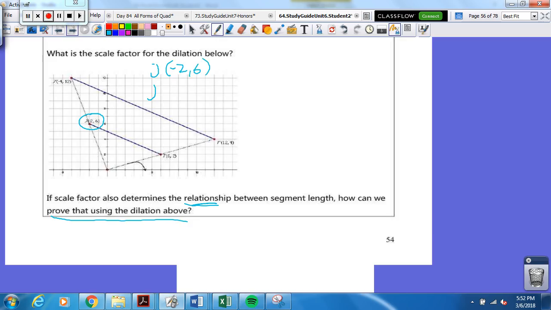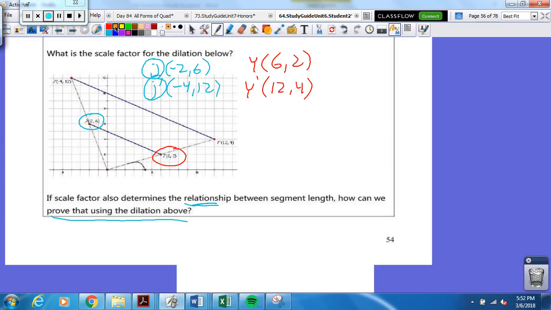Then it looks like we got J prime, which is -4, 12. Always look at the pre-image and the image right there. Then what else do we have? We have over here Y, it doesn't matter, Y of 6 and 2. And this is Y prime, which is 12 and 4.